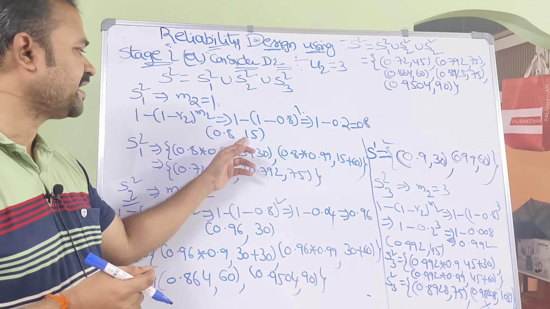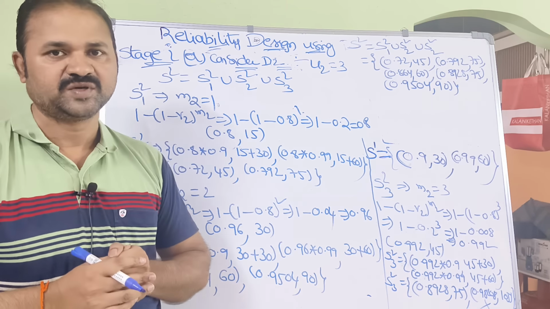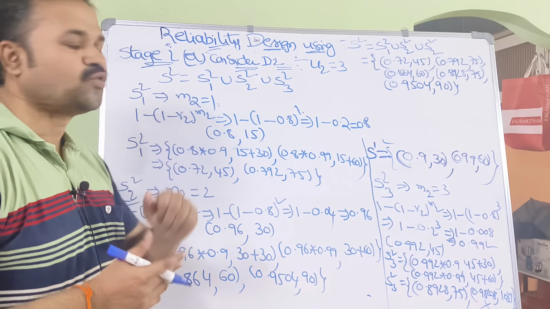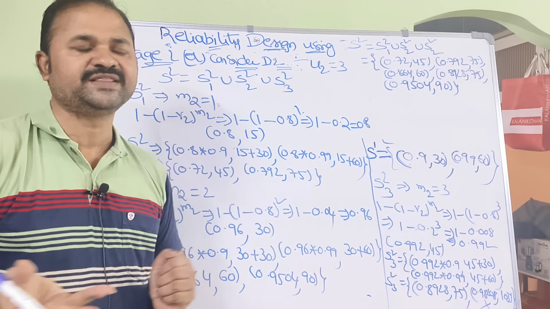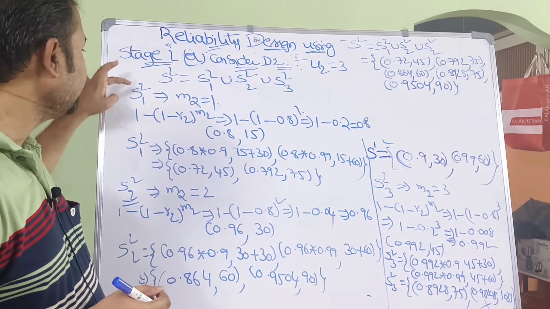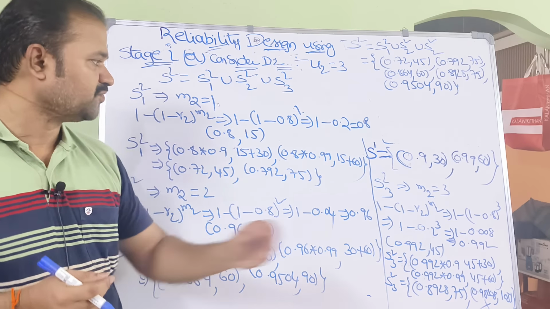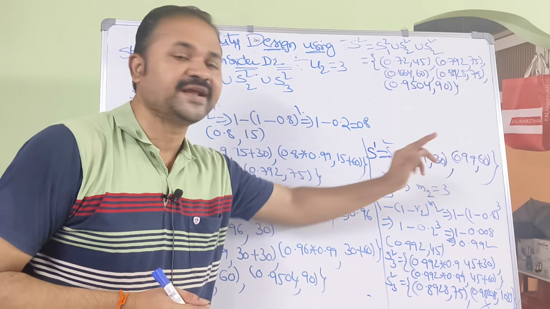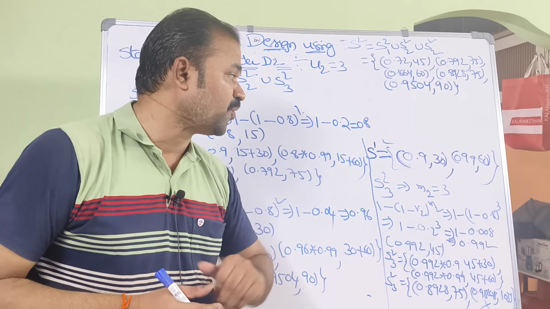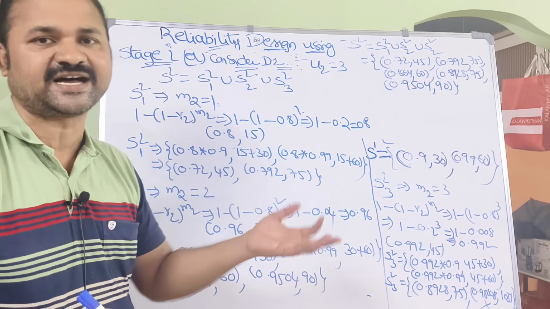So 0.8 comma, here the cost of the second device is 15. How many copies do we have? Only 1 copy. So 15 into 1, that is equal to 15. But here we have to multiply this S2 information with S1 information. What is S1? 0.9 comma 30 comma 0.99 comma 60. So multiply the reliability and add the cost.